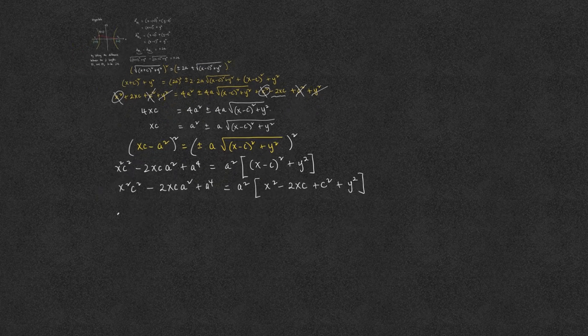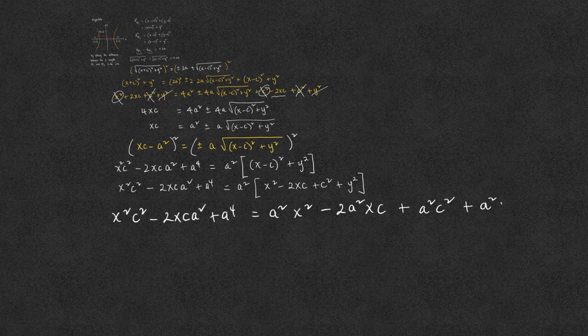The left hand side is still x squared c squared minus 2xc a squared plus a to the fourth, and the right hand side is a squared x squared minus 2a squared xc plus a squared c squared plus a squared y squared. We see that we can cancel out 2xca squared because they're both negative and they're both on both sides of the equation.